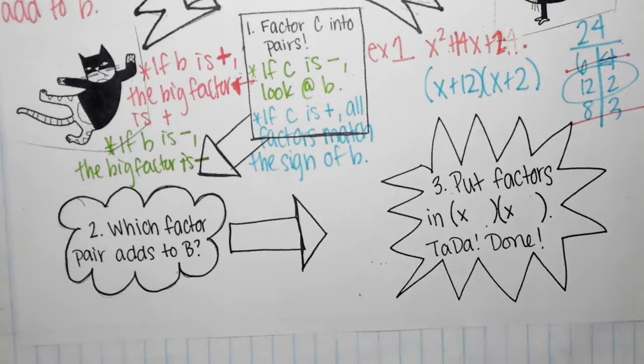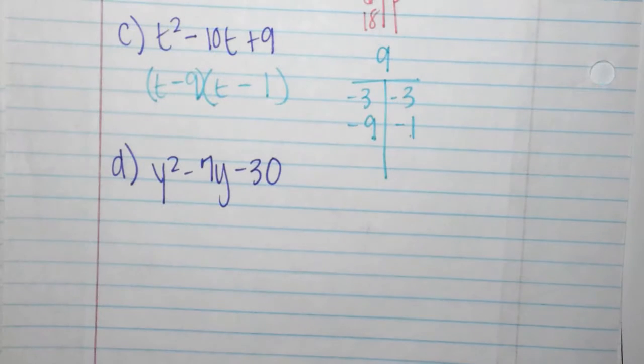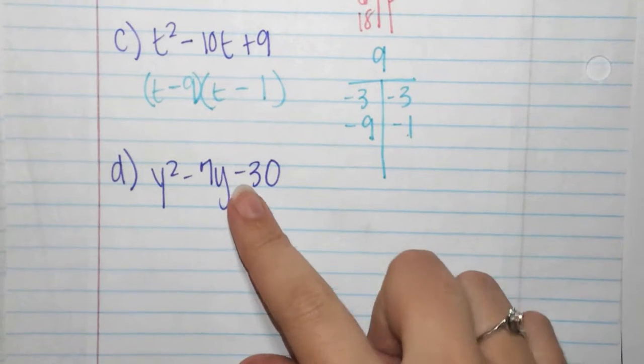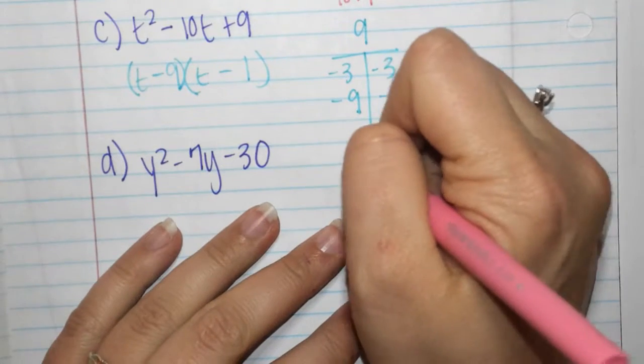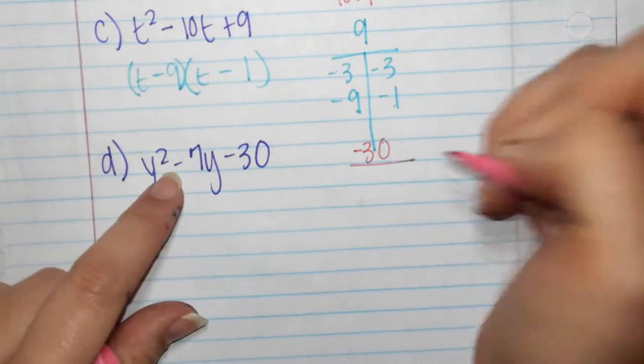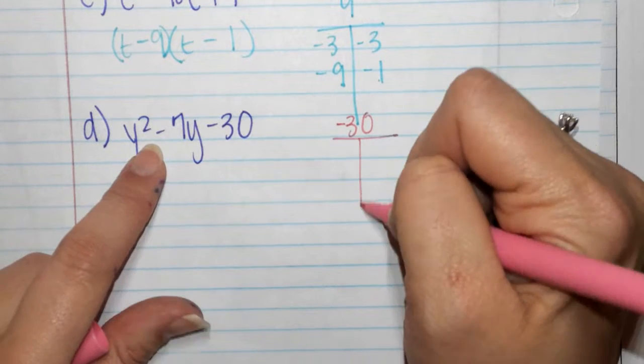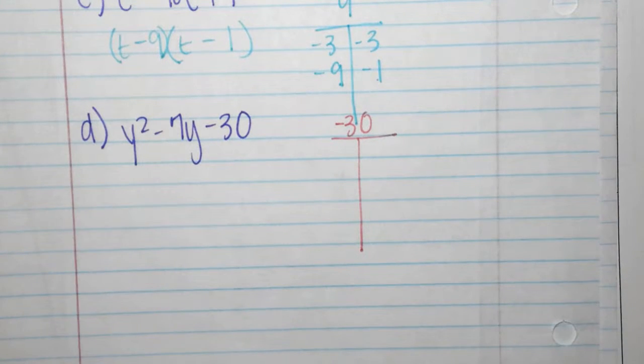All right, turn your paper over. Now again, we need two numbers that multiply together to give us negative 30 and add to give us negative 7. We have a negative 30 and a negative 7. So our big factor, is it going to be positive or negative?